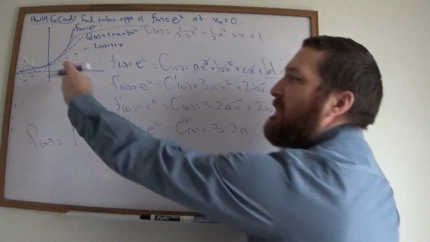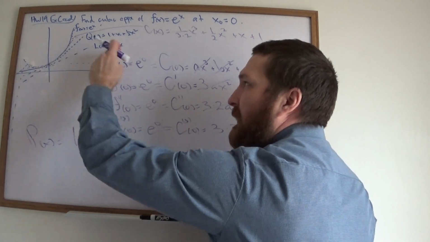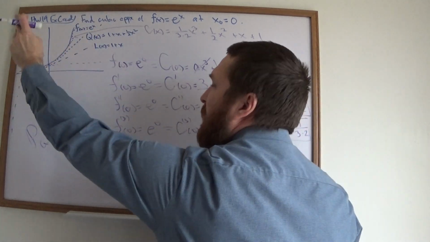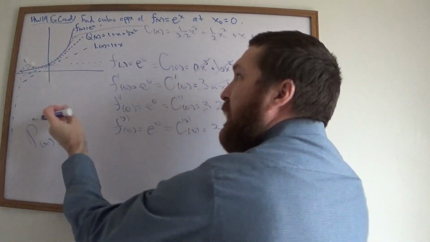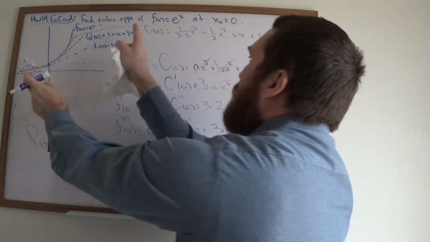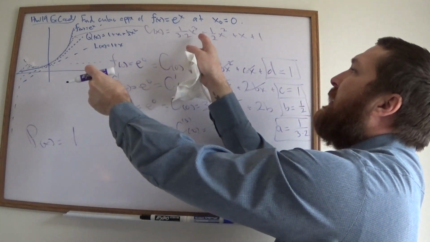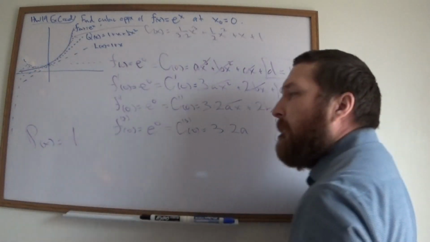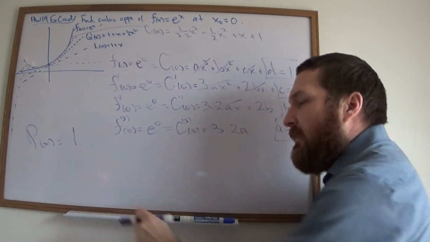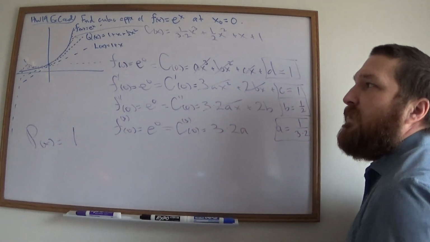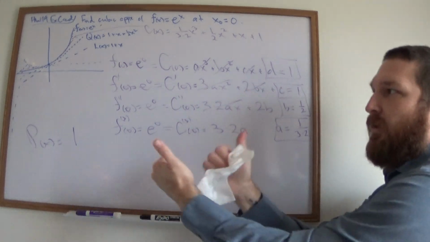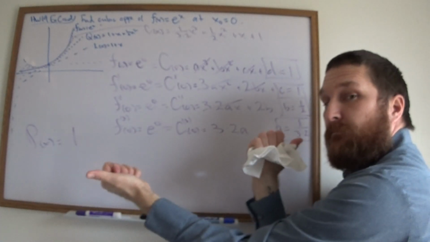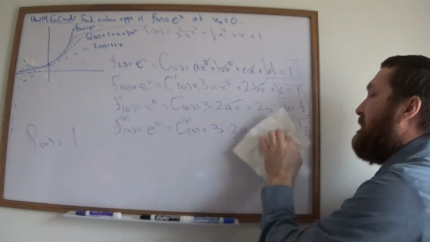Increase the degree, it does a better job because it looks more like it. Increase the degree, now you have a quadratic, a parabola that hugs the curve for a longer place. You increase the degree to a cubic, and now the cubic hugs the curve for even longer. Do you believe that statement, that the higher the degree, the better the approximation is for longer? Yeah. Okay? I hope I've convinced you of that.